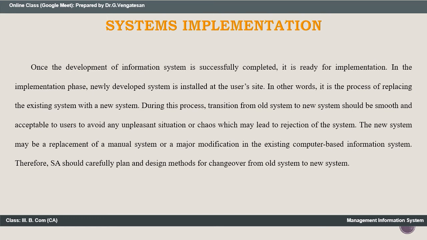These are the 5 measures that make the system implementation a failure. So success and failure are both related to system implementation. The system has to be implemented properly so that you can avoid failure.